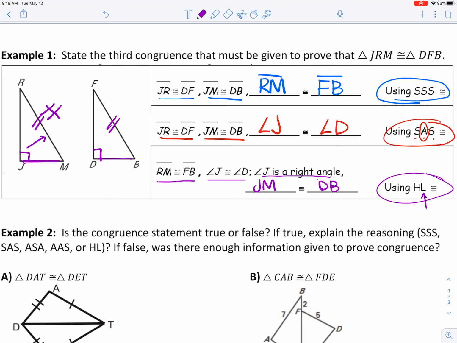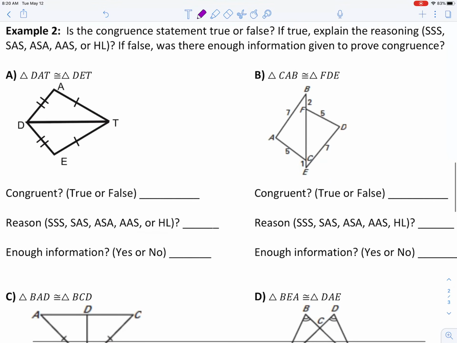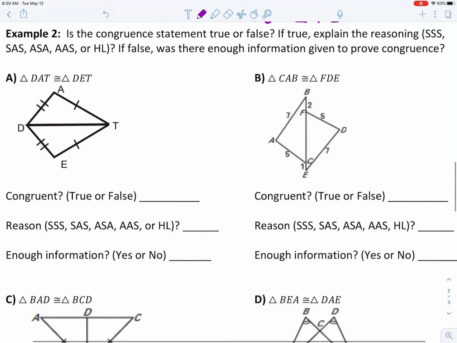So we could say that JM is congruent to DB, or, it doesn't matter which leg we say. We could also say that this side, RJ, is congruent to FD. It doesn't matter which leg. So it could have been either one of those two, okay? So that's using hypotenuse leg.